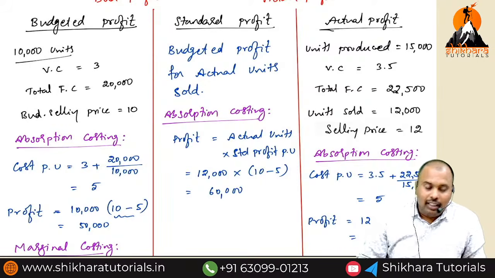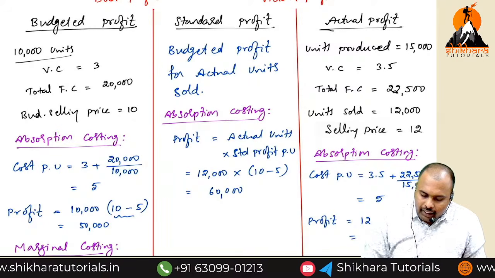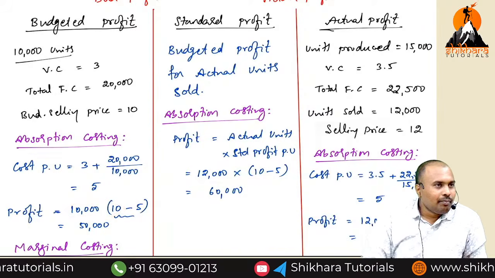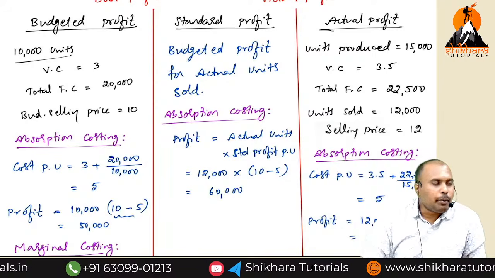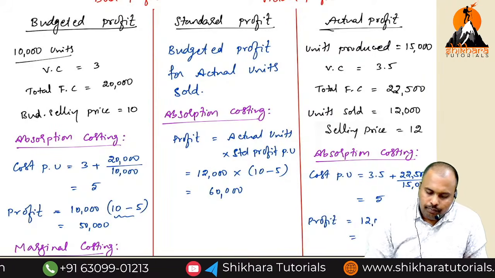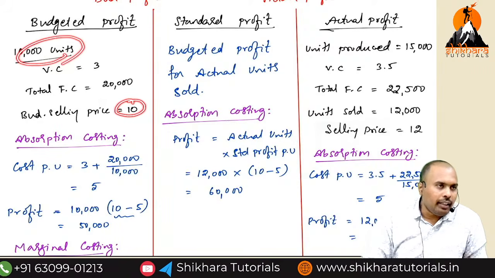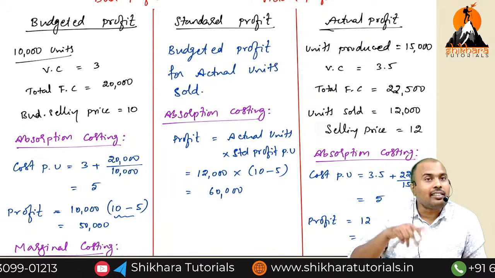If I take sales volume variance, it has to be 10,000 into 10 minus 12,000 into 10. Understood? That is what sales volume variance is. As per budget, what is the sale value? 1 lakh rupees. What is the standard sale value?